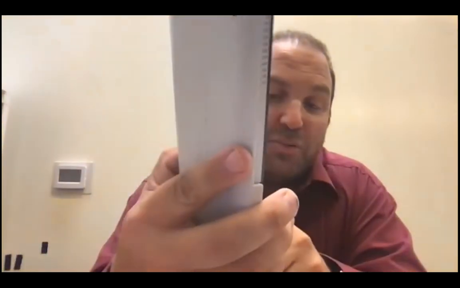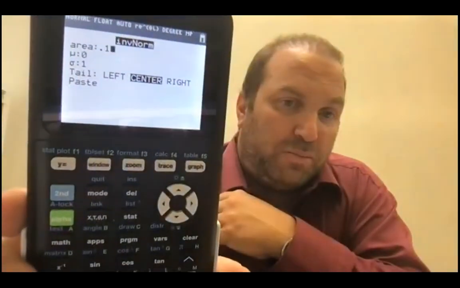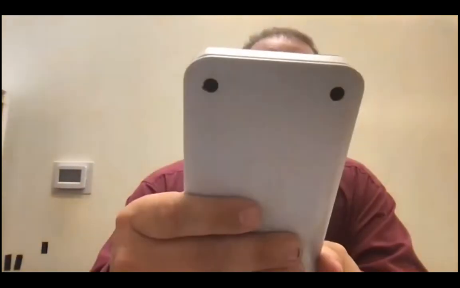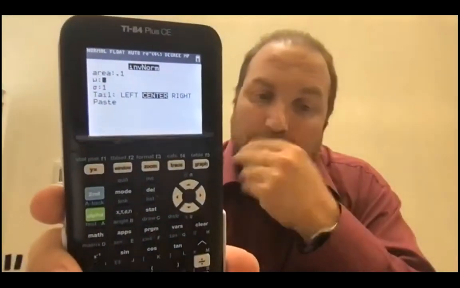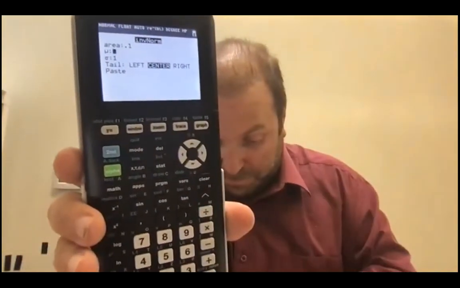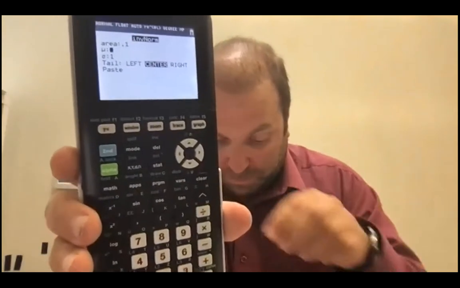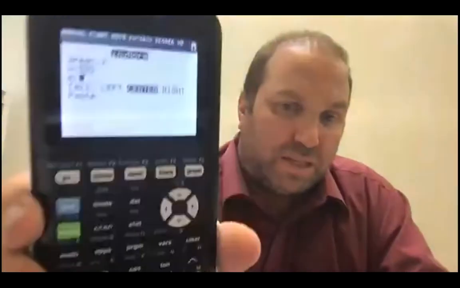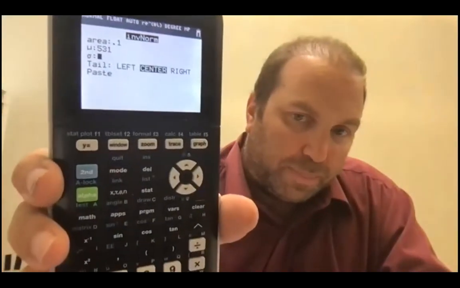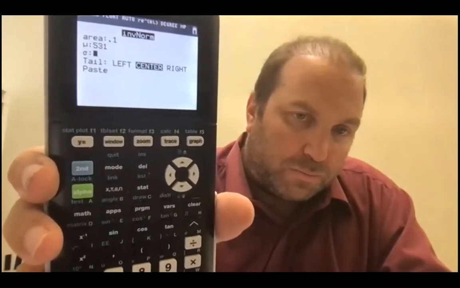So in our case, we're going to do an area of 0.1. We want 10%. What's the mean in our example? 531. What is the sigma in our example? 104.